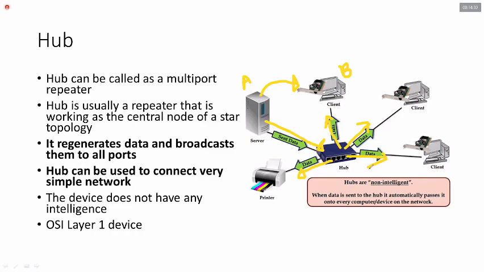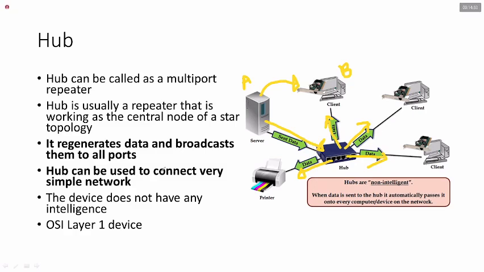So it's basically a multi-port repeater. When it gets something, it repeats or copies that signal to all the other ports. It regenerates data and broadcasts it to all ports. You take the data, copy it, and broadcast, meaning send it to everybody.